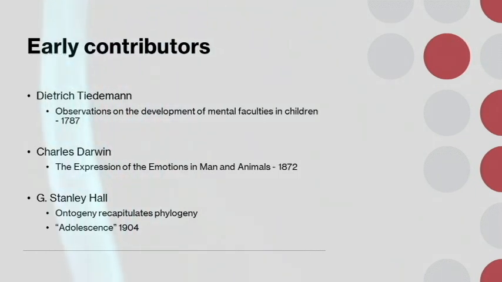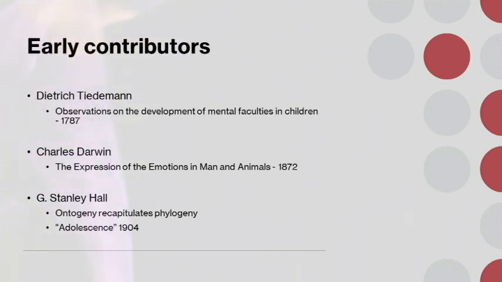Now, Hall's influential work, though, when we talk about the lifespan, is his book on adolescence in 1904. And in this book, he highlighted the importance of adolescence as a distinct period of development and explored the psychological and social challenges that faced young people during this stage.